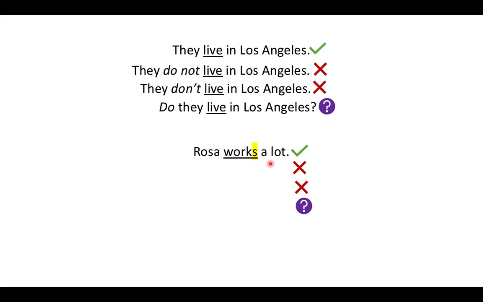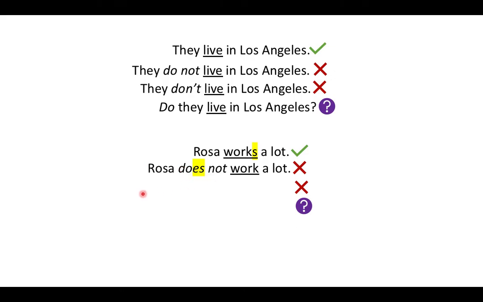Rosa works a lot. So for this one, Rosa does not work a lot. So we took the S from right here and we put it after do. So instead of saying do not, we said does not because it's Rosa who's a she. If it was a he, like if we said Tim, we would also say does not.